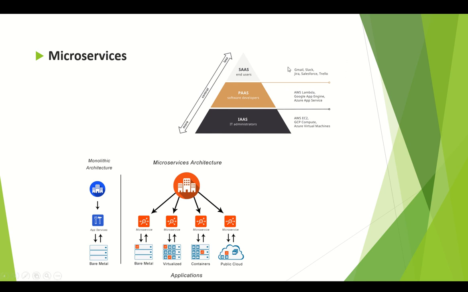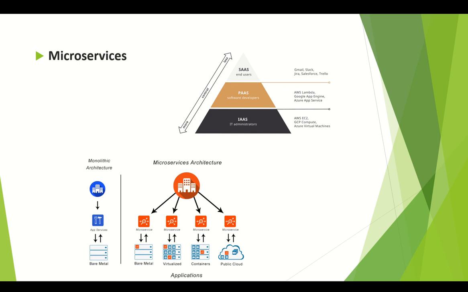So we don't do anything, we only pay for what we use. Unlike IaaS or PaaS, SaaS is a completely software product available to the end user, like Gmail or Office 365, where we don't do anything.